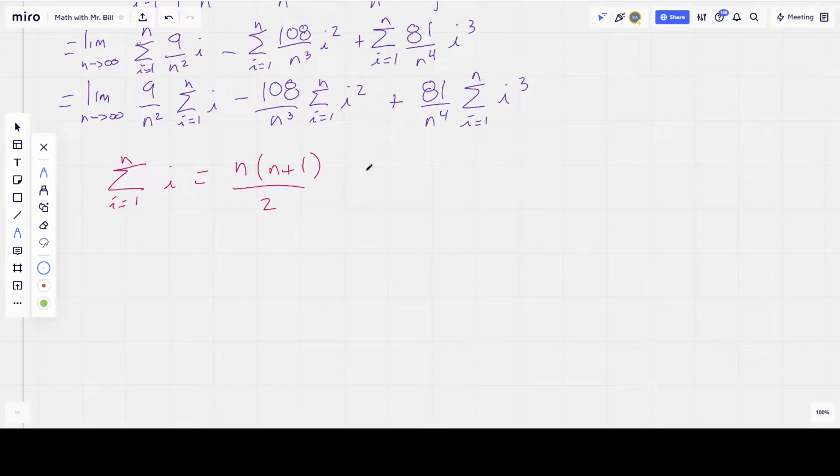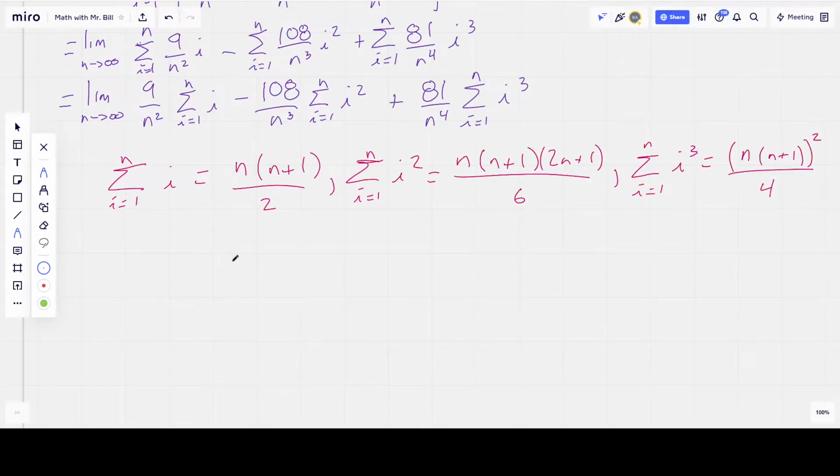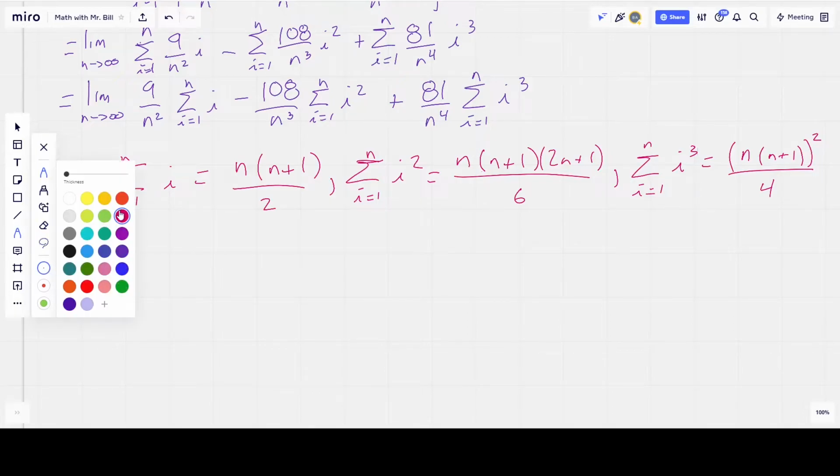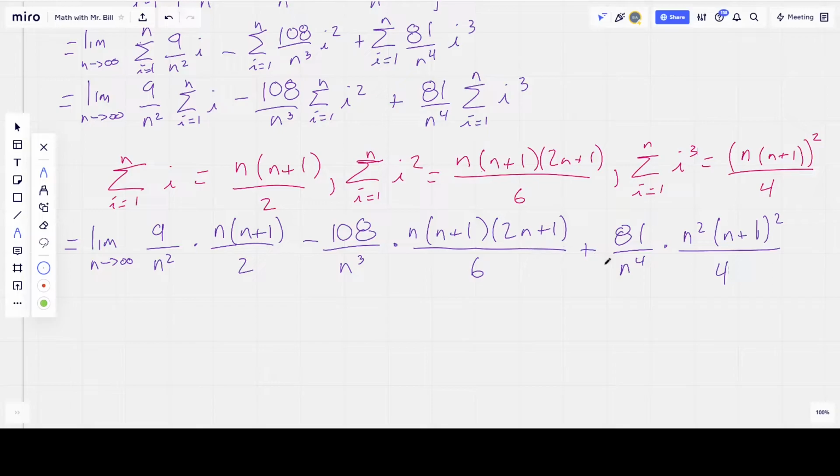And you should have one of those for each summation. Those formulas should be in a table in your book somewhere. They may look a little different, but the values will be the same. So for each sum, I'm going to replace it with the n form of that sum. Okay, so now I've replaced each of those sums with their formulas.